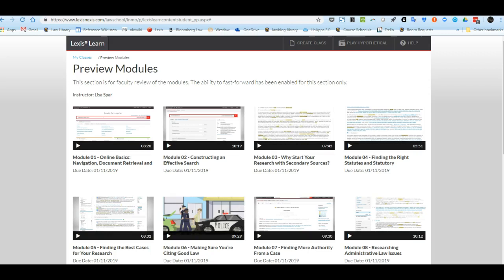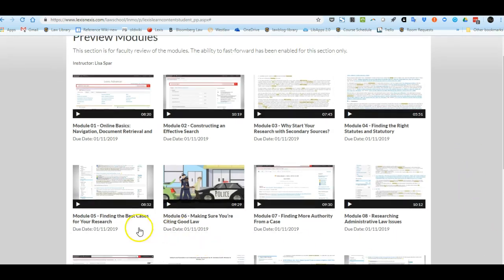So the modules we're going to walk through together, you and your various teams as a group, we'll take a look at Module 6, making sure you're citing good law. And again, I don't like that term, good law, but they'll actually talk about that. And then we'll do Module 7, finding more authority from a case. So really it's the updating function and then the research function of our citators.